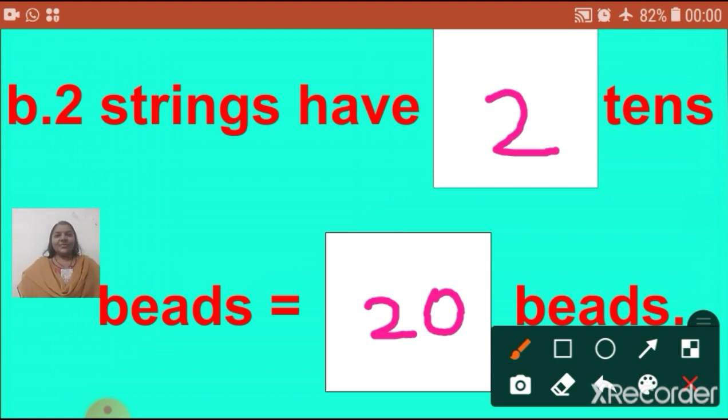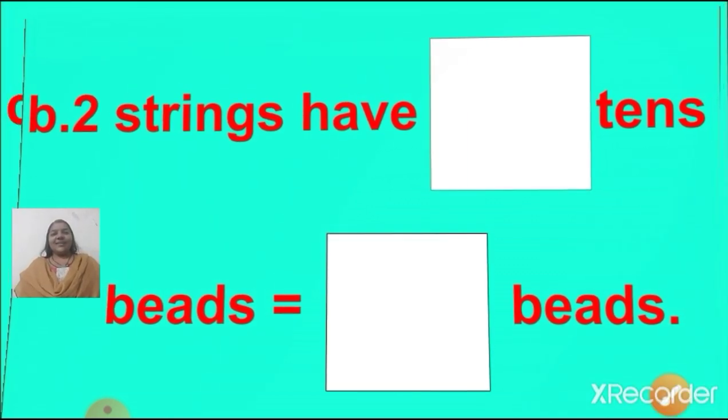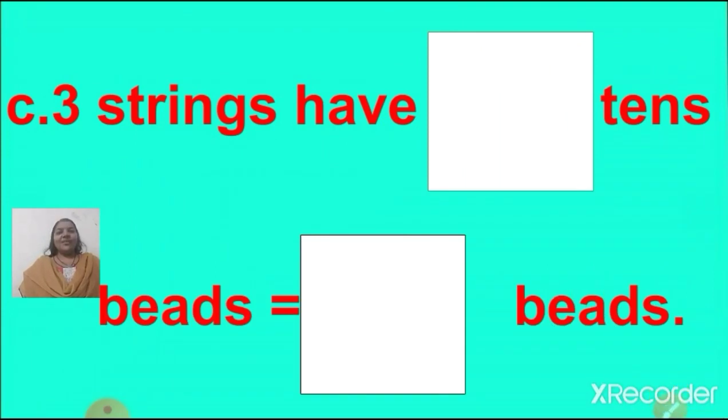Correct children? Okay. I hope you all are understanding. Let's see the next. 3 strings have dash tens, equal to dash beads.